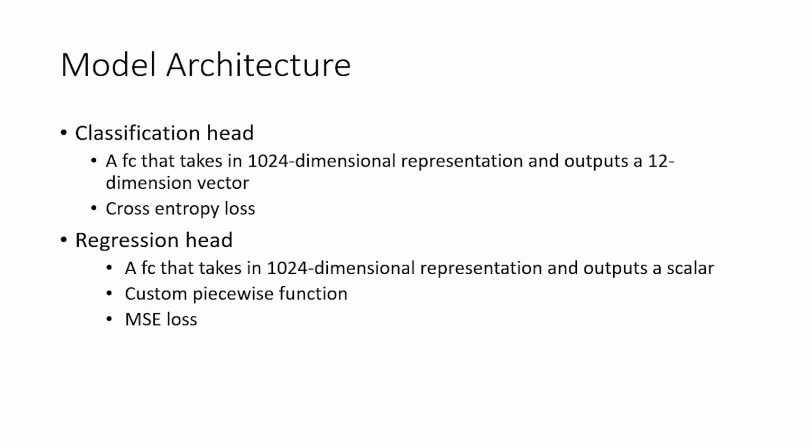That's why we needed to see what the regression head would do. The regression head is a fully connected layer that outputs a single scalar, which is passed through a customized piecewise function that bounds the range of the scalar between 0 and 9. Finally, it computes an MSE loss with the label score band.